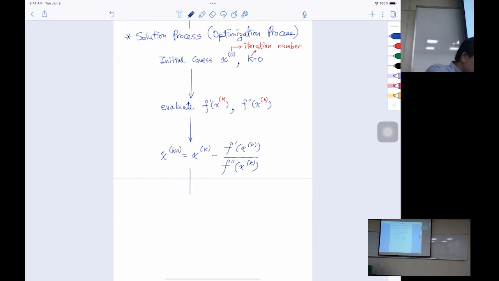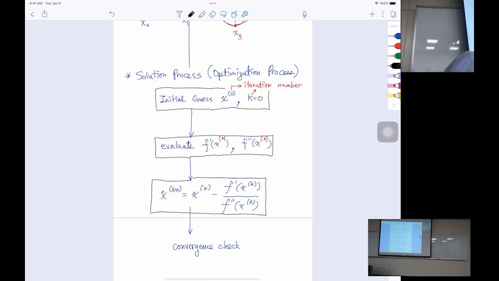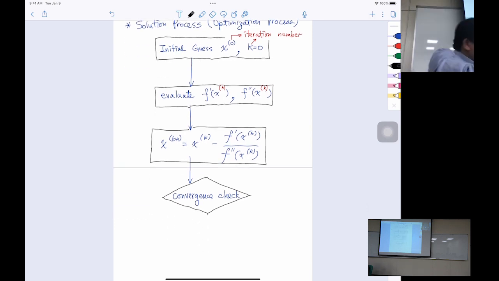And then we do something called the convergence check. So usually we can draw a box, and here we draw a diamond shape. I don't know the English. Okay.